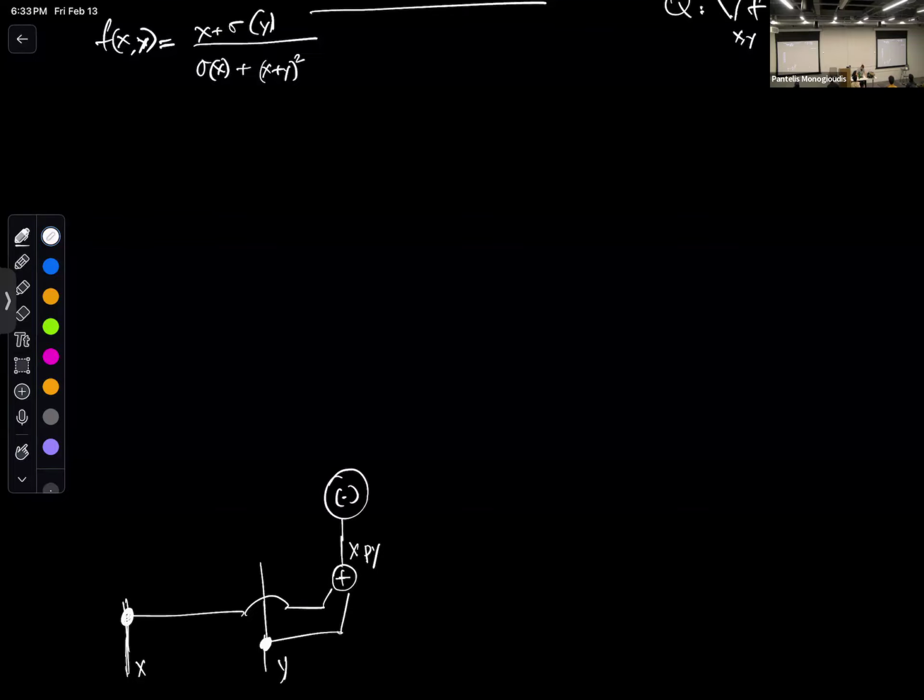I can see that I need also a squaring operation because I'm in the denominator land. So I'm going to call the output tensor XPY SQR. I know that I need to add to that some form of sigma of x.